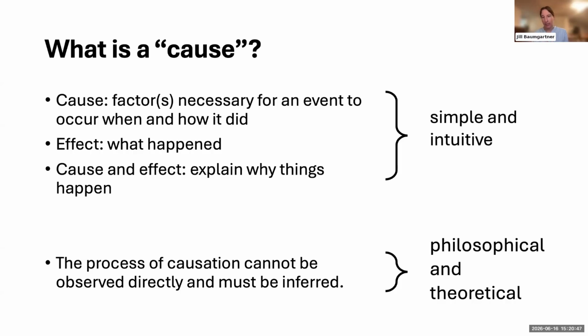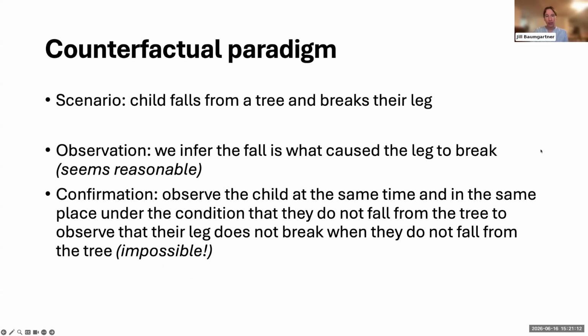Different disciplines, and even different generations of scientists, have developed their own ways of defining causation. Many of these questions are still hotly debated, even within philosophy and certainly other scientific fields as well.